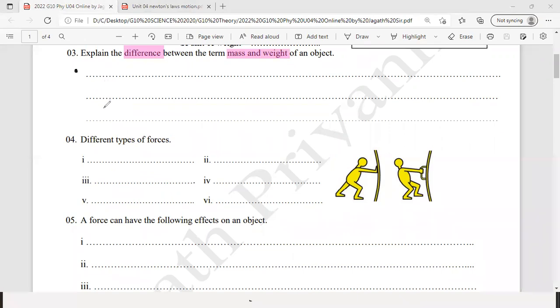Mass is the amount of matter in an object or a body, while weight is the force.